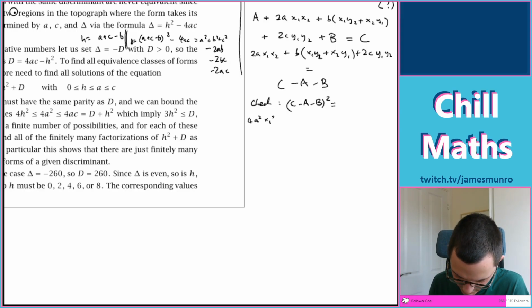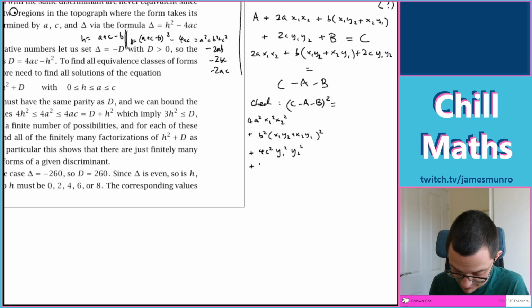So you square the first one. You square the second one. You square the third one. And then you get the cross terms from doing all your squaring. So you get 4ab x1 x2 bracket stuff. You get the cross term from multiplying the bracket by the other thing.